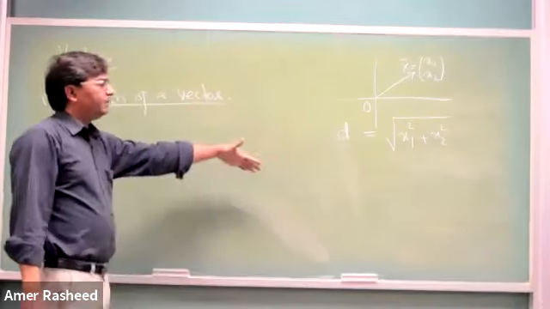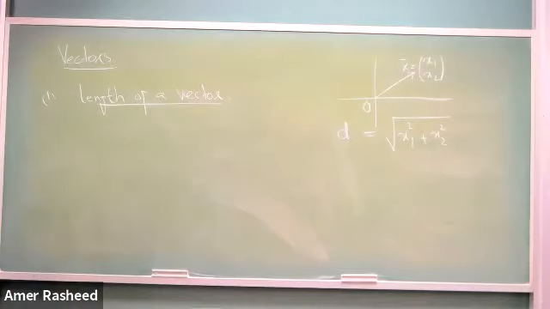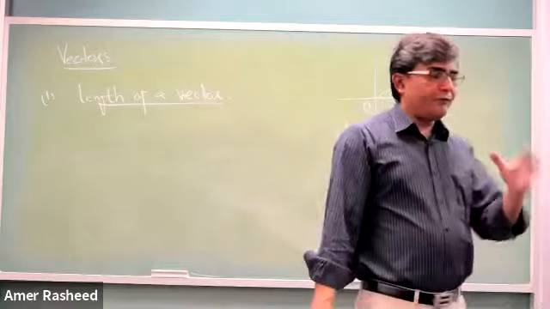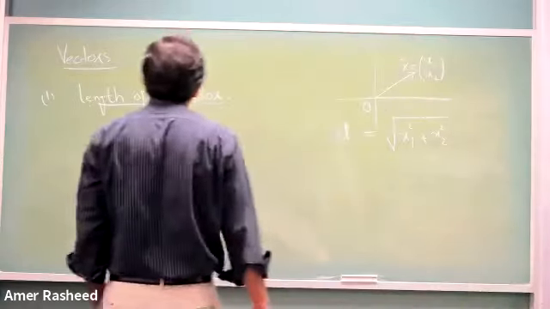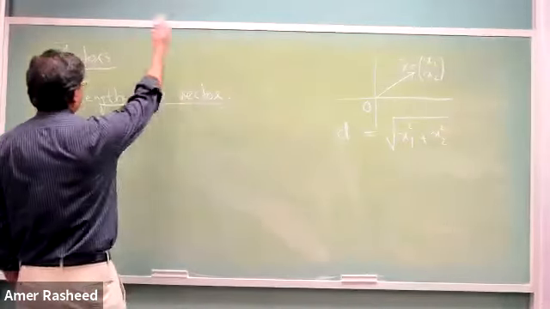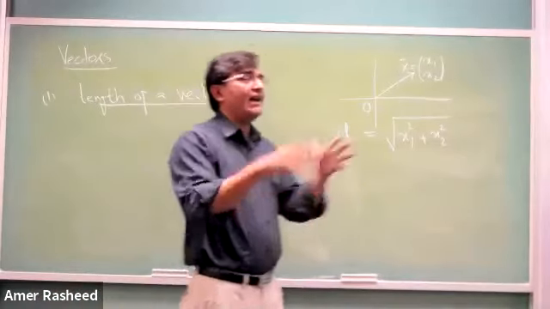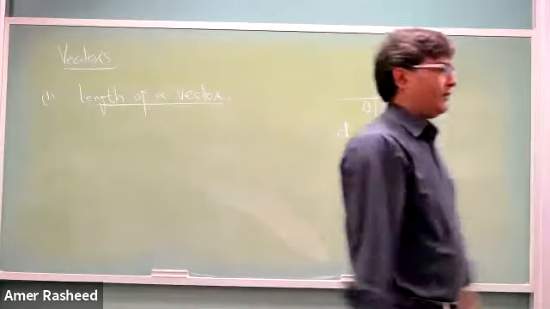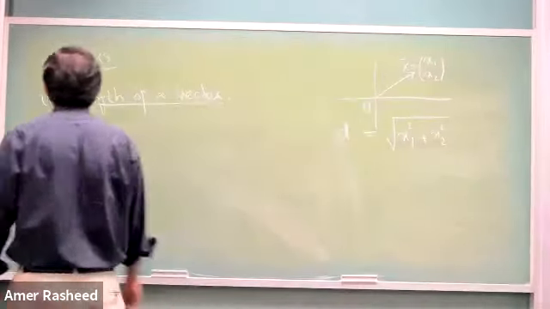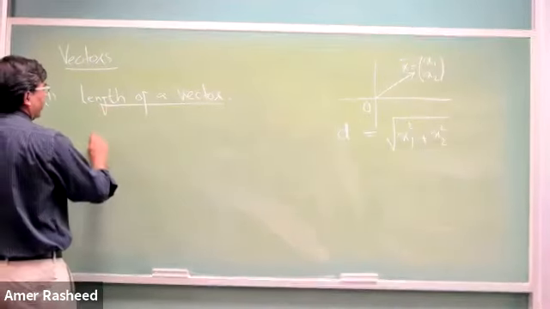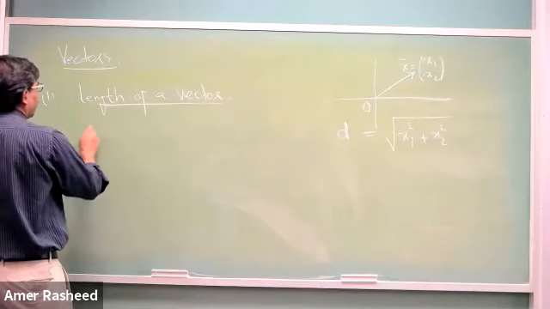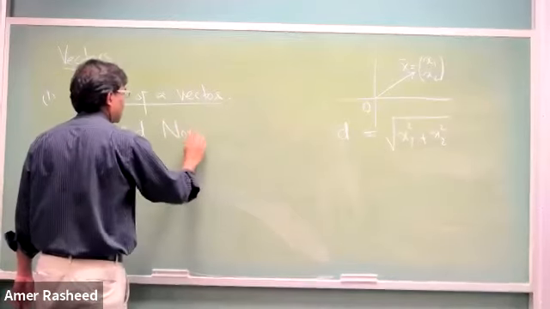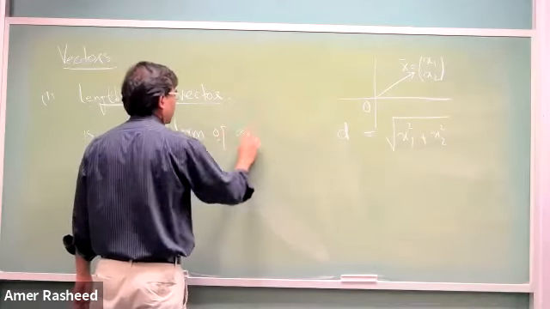Now, in linear algebra and in formal mathematics, in Euclidean spaces, we need a generalized kind of notation for the length of a vector. From now on, the length of a vector is called the norm of a vector.